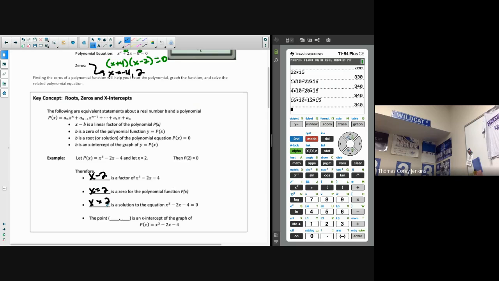Okay, so a lot of these words tie in together and mean the same thing. Zero, solution. Some other words you're going to hear is root. A lot of this stuff is just knowing your vocabulary terminology. And lastly, the point (2, 0) is an x-intercept. We could have punched that into our graphing calculator, but they told us that. So we're just looking at how all these things tie together.